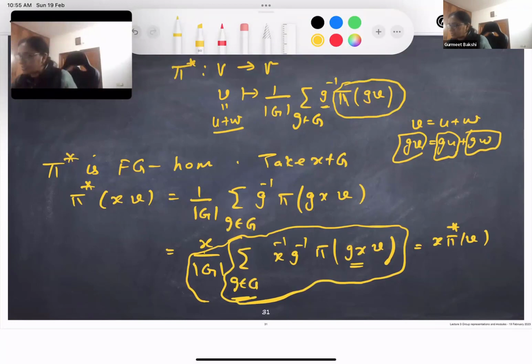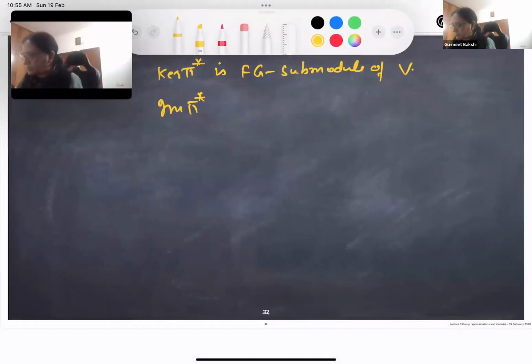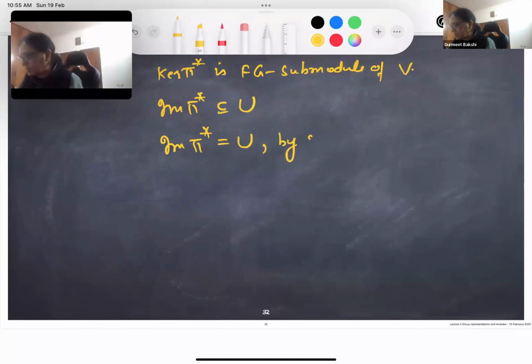So it is clear that the image of pi star is contained in U. But then you can also prove that the image of pi star is equal to U by showing that pi star of U is equal to U for all U in U.